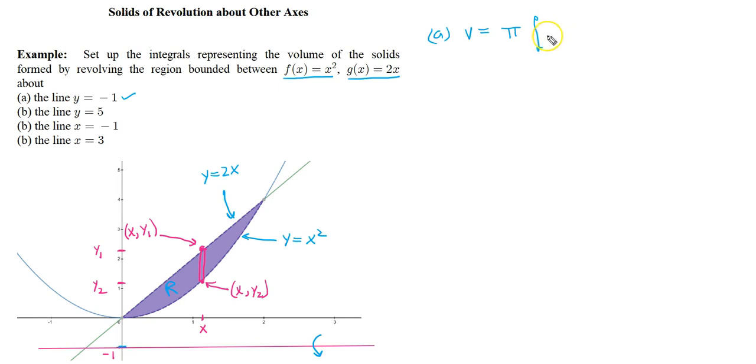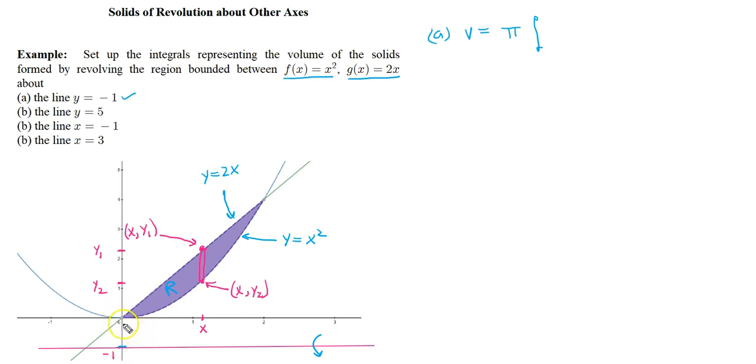Okay, so now our outer radius, and we have to square it. Our outer radius is the distance from our axis of rotation up to this point right here. That distance is being measured along the y-axis, so it's going to be y1 plus 1.